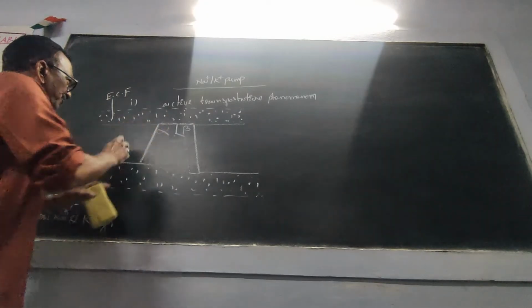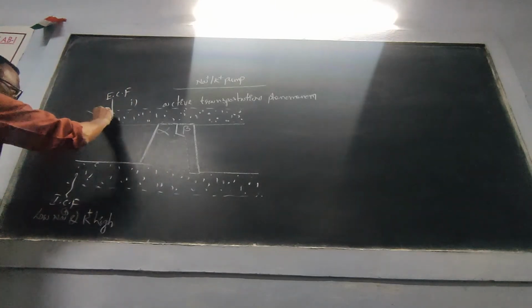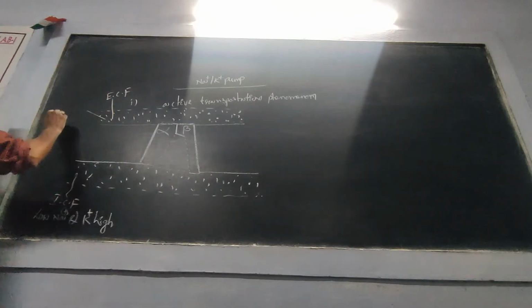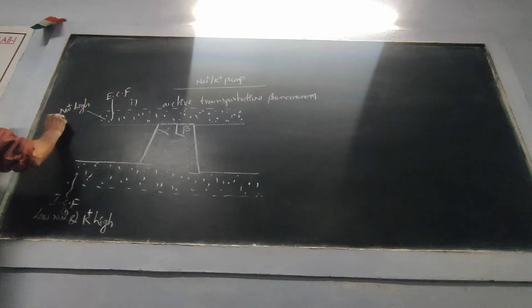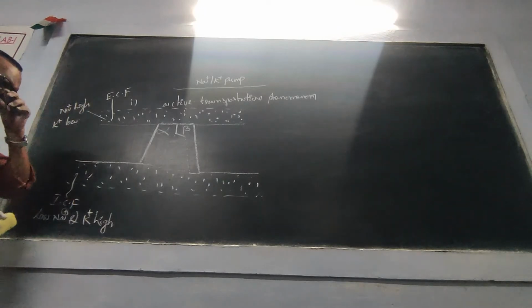In the case of extracellular fluid, that is reverse: sodium ion concentration is high and potassium ion concentration is low.